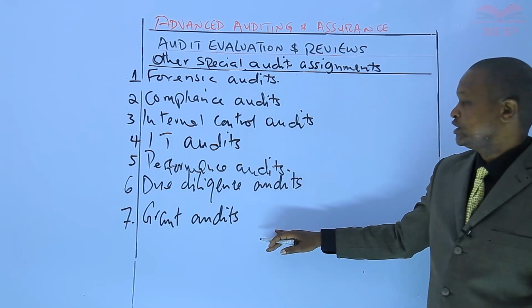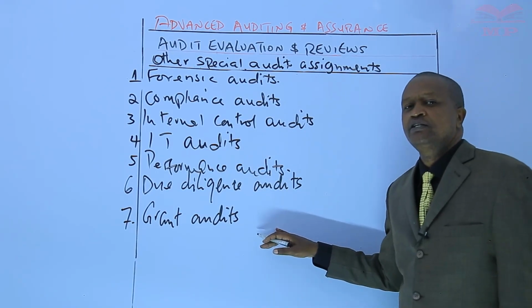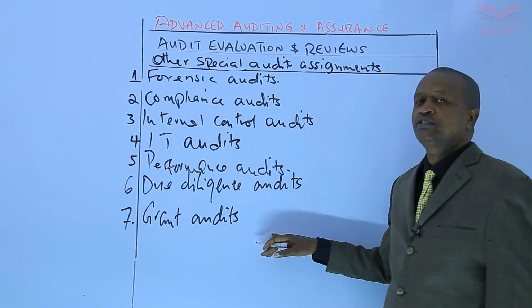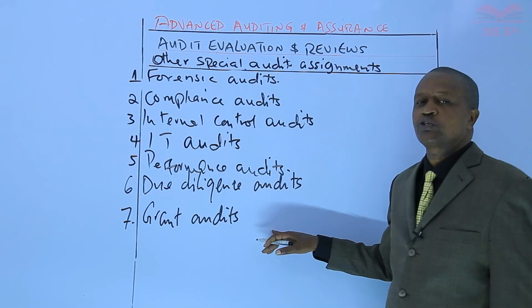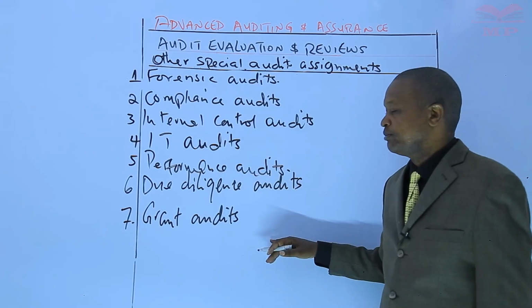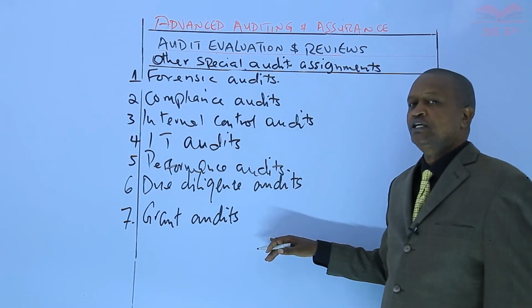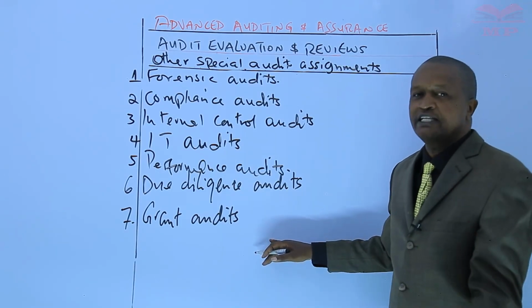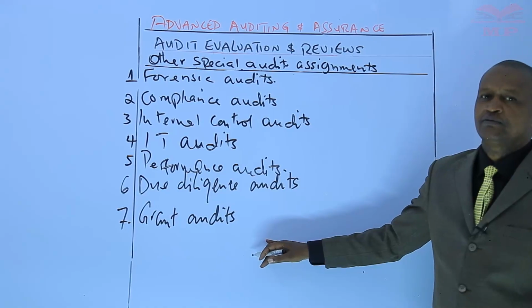And such audits verify that the funds are used in accordance with the terms and conditions of the grant, and that the organization has complied with reporting requirements, and the organization, we can also say, has achieved the intended outcomes.